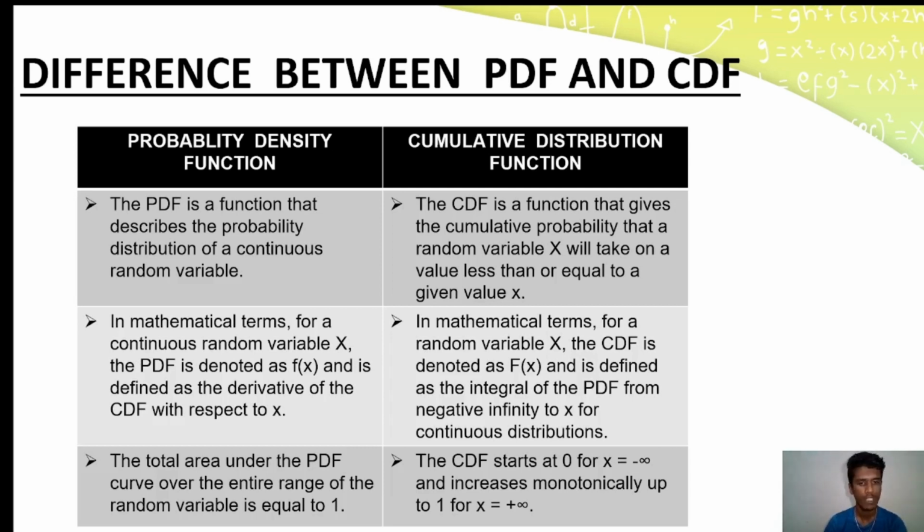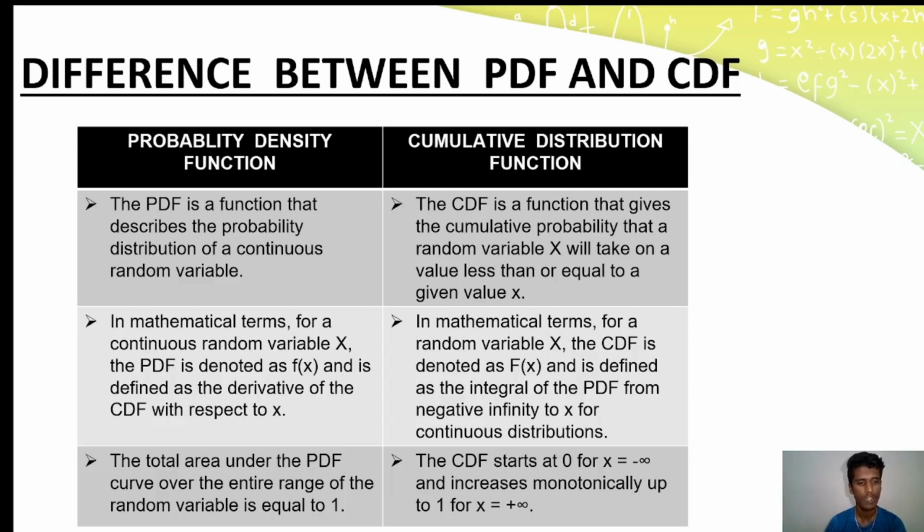The mathematical term for a continuous random variable x, the PDF is denoted as small letter f of x and is defined as the derivative of the CDF with respect to x.